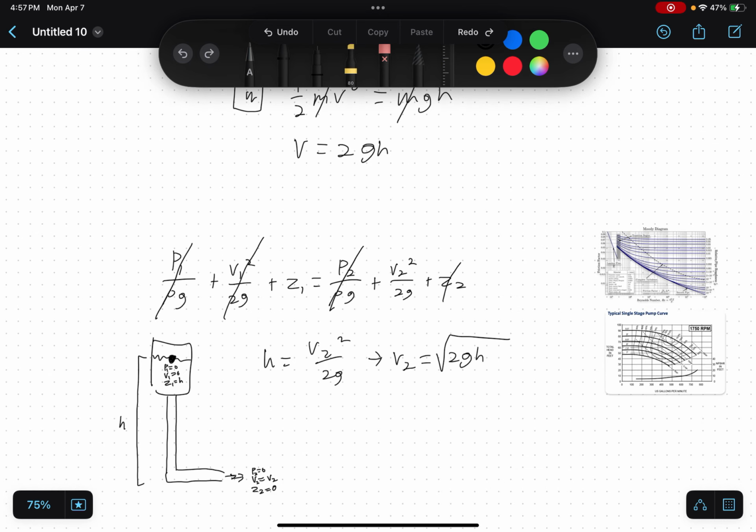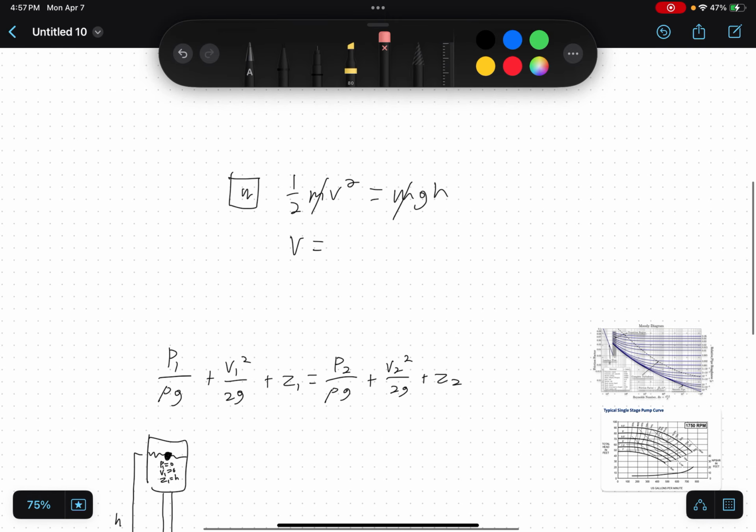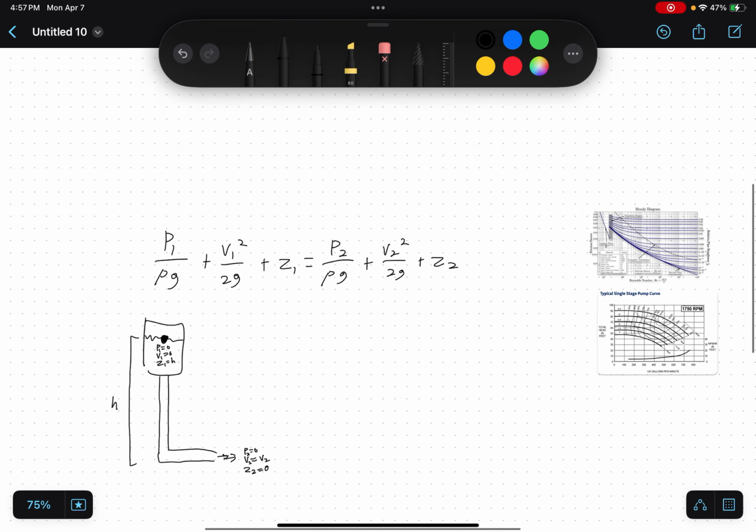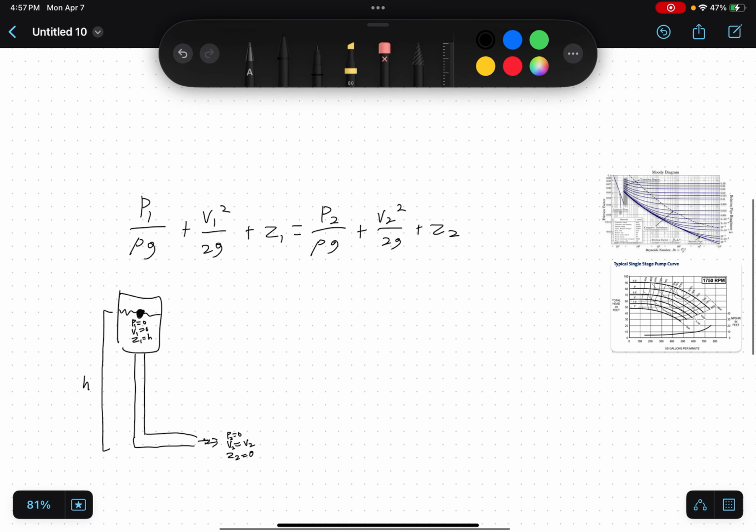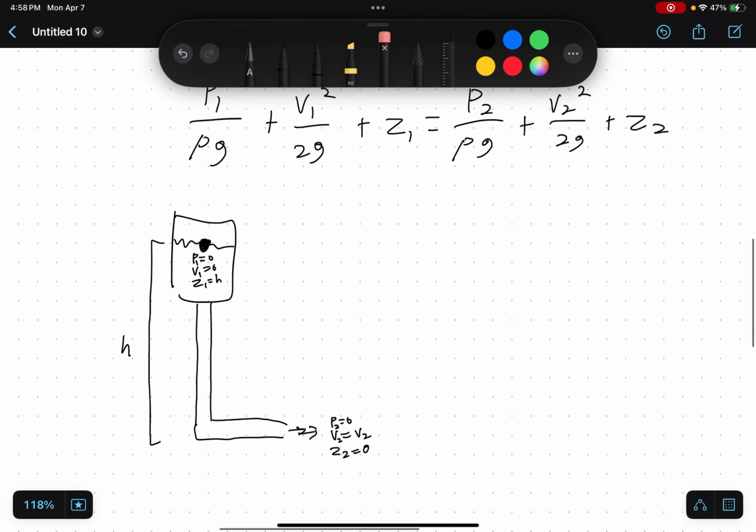Is there another good example I could do? Well, okay. I mean, frankly, if you can do this example, you can do any example.